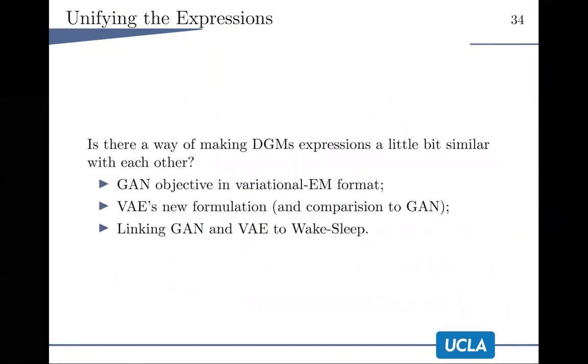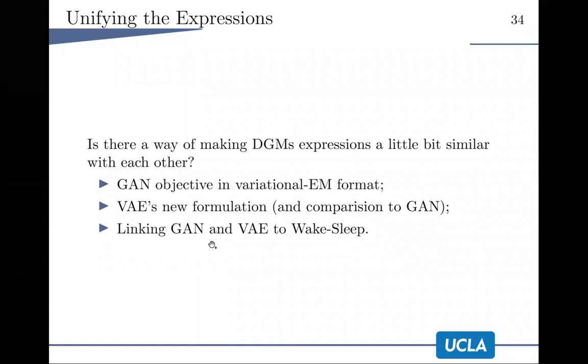We want to make their expressions a little bit similar to each other. First, we'll see how the GAN objective could be transferred into a variational EM format. Then we can see that the VAE's objective could also be rewritten into a new format. And linking GAN and VAE to the wake-sleep algorithm is also possible.